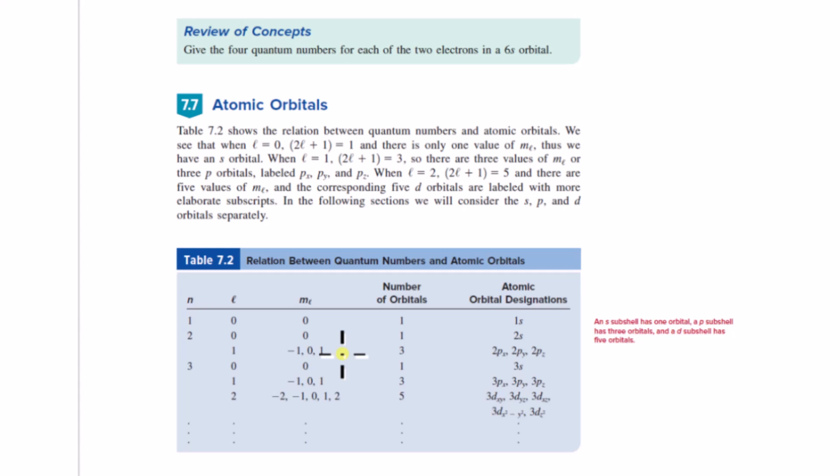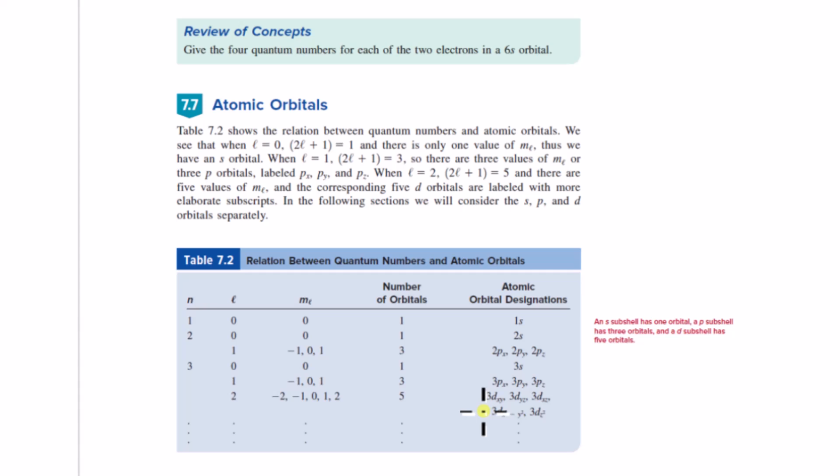And so when you have a subshell where L is equal to 1, you've got these 3 p orbitals, px, py, pz. Here's the subshell n is equal to 2, L is equal to 1: 2px, 2py, 2pz. Here's the subshell where n is equal to 3, L is equal to 1: 3px, 3py, 3pz.